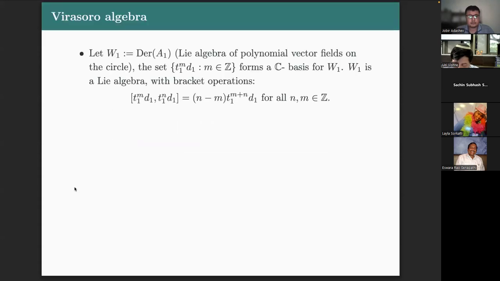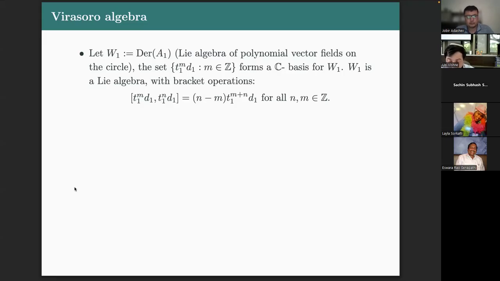So first of all, the Witt algebra. What is Witt? Geometrically speaking, these are all polynomial vector fields on the circle, of the form f d/dt, where f is a polynomial function from S1 to R. You can simply write this down in terms of a basis, the L_m, where L_m is T^(m+1) d/dt.